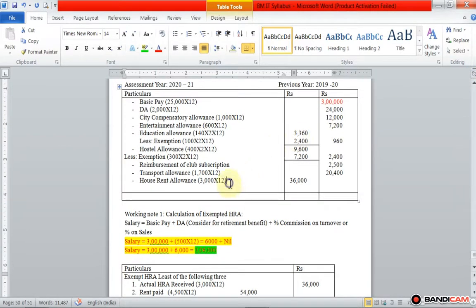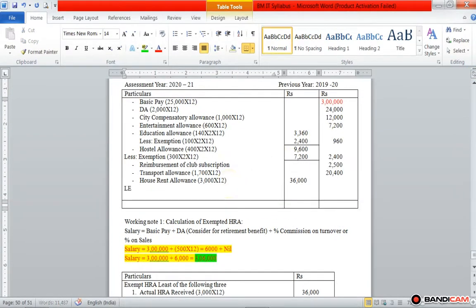So here, less exempted HRA amounting to rupees 23,400.